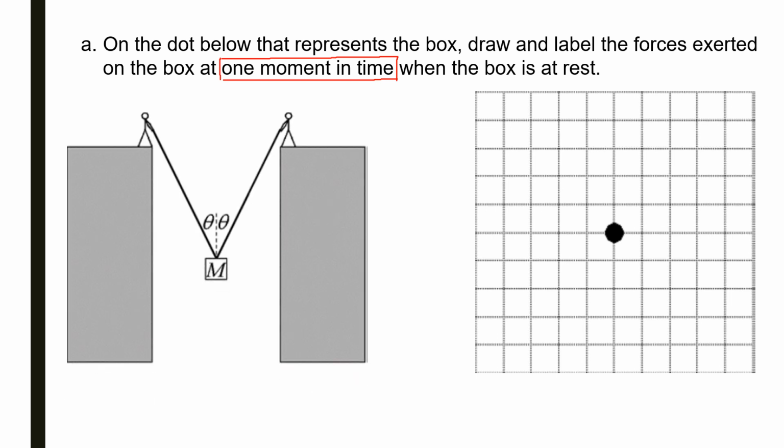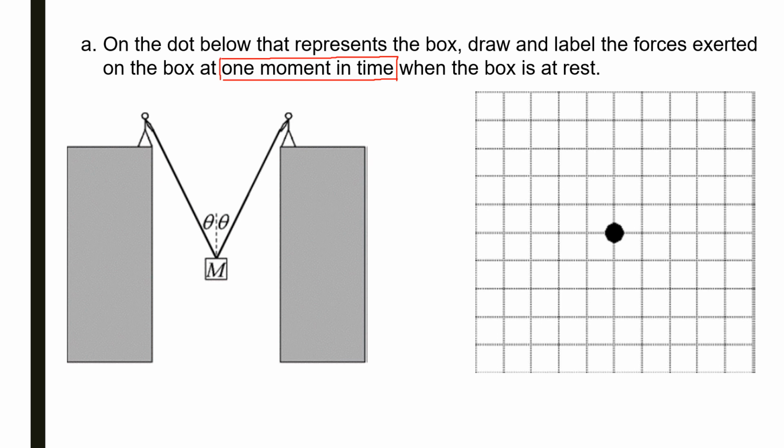It will be easier for us if we look at the diagram again. There are 2 sources of forces, or actually 3 forces. First of all, we have the force because of the mass. We have the tension of the rope from the human on the left side, and then another human on the right side pulling and exerting the same amount of tension.